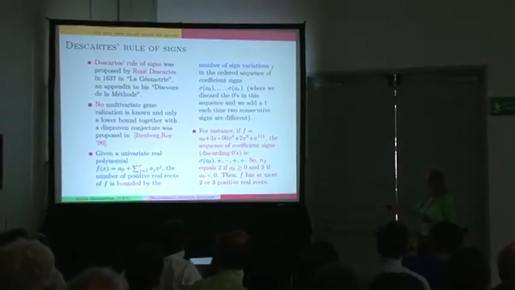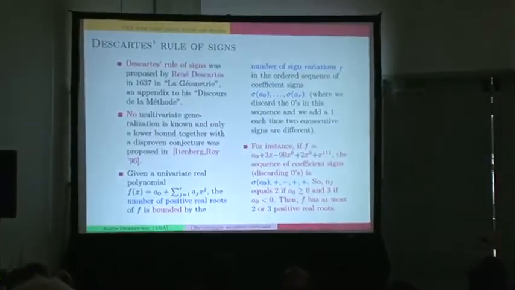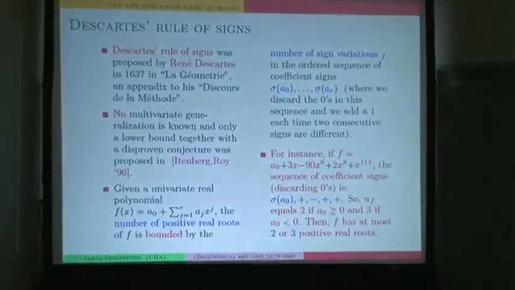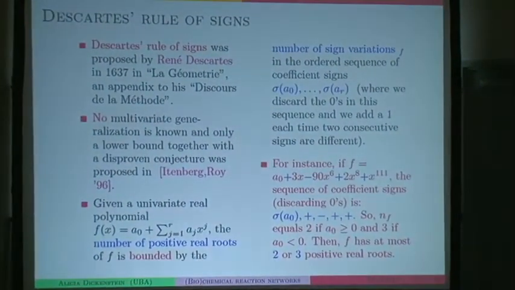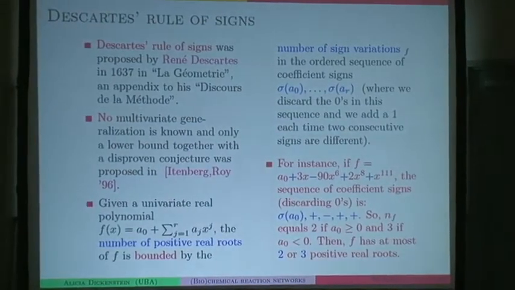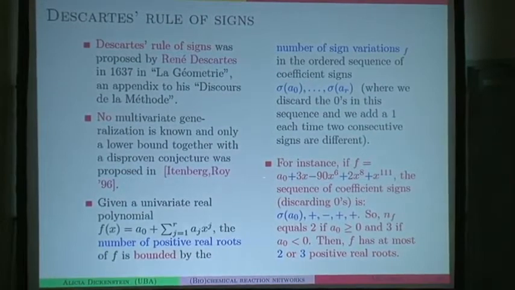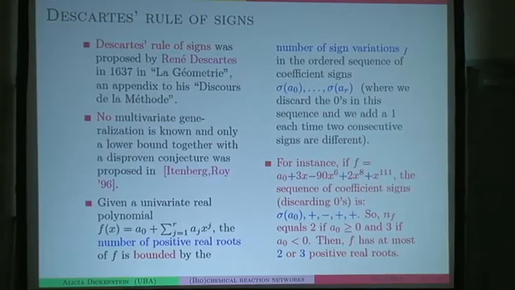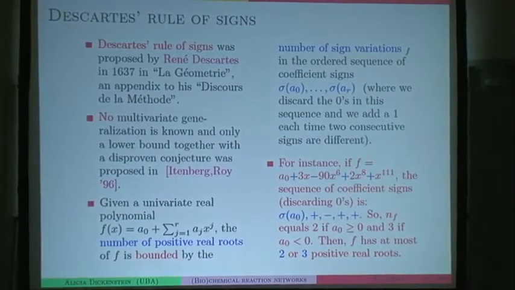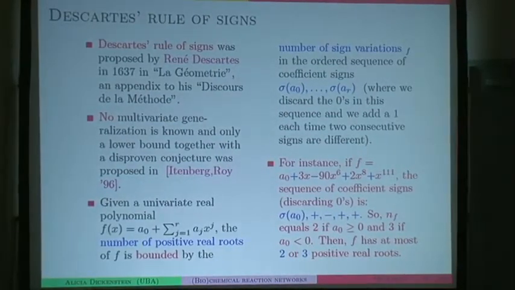So here there is a sign change, and here is another one. There are two, and depending whether this is positive or negative, if it's negative, there is one more. So at most 3. The variation of the sign is 3. So such a polynomial, no matter what is the value of A0, can have at most 3 positive real roots. This is a simple example of his theorem.